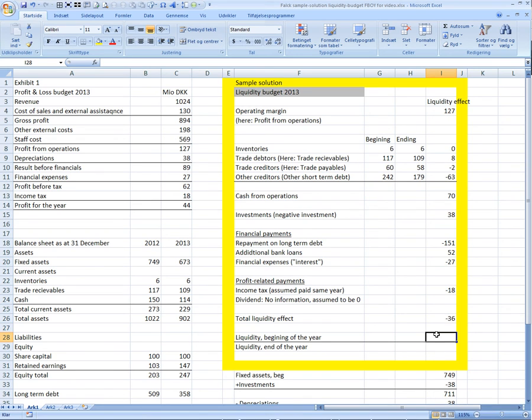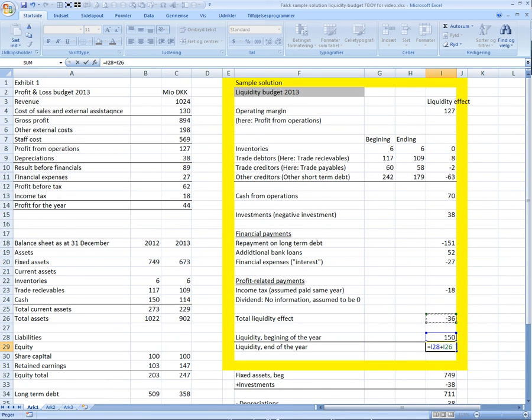How much liquidity did they have at the beginning of the year? Well, we could look here. That'll be cash, or they call it cash. It's not literally cash, but it's also money in the bank. Liquidity would maybe have been a better word. So cash is 150 starting the year. What did we start with, plus what change did we have?